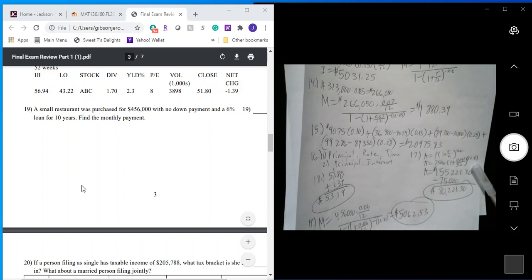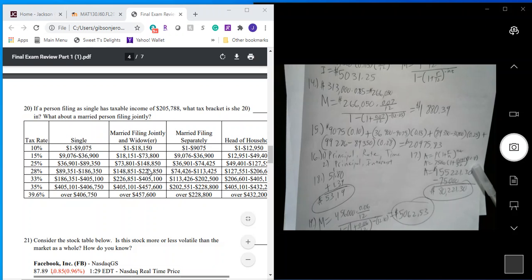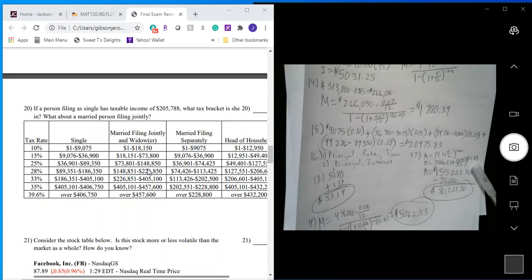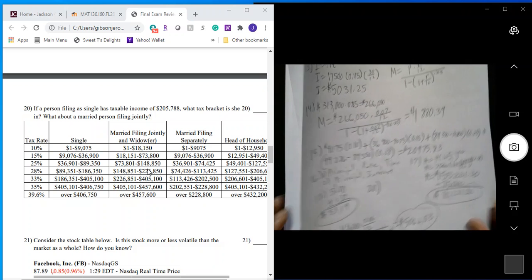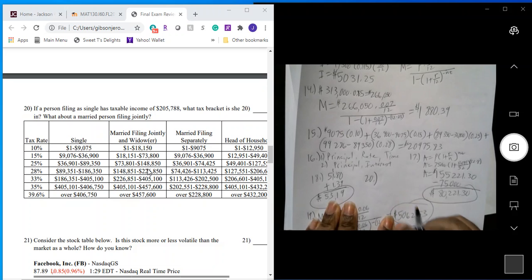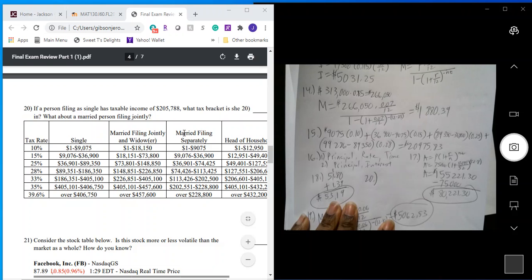Now we come here to problem 20. It says if a person filing has taxable income of $205,788, what tax bracket is she in? What about a married person filing jointly? Okay, since 20 is very short, I will squeeze 20 on this page here. They ask what tax bracket is this person at if they were single at $205,788.